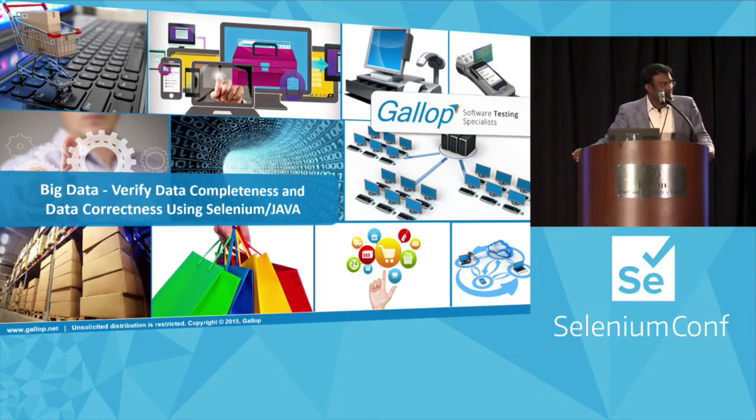So big data, in simple words. What are the complexities that are involved in big data, and how can we overcome those complexities? These are a couple of topics going on in the industry.